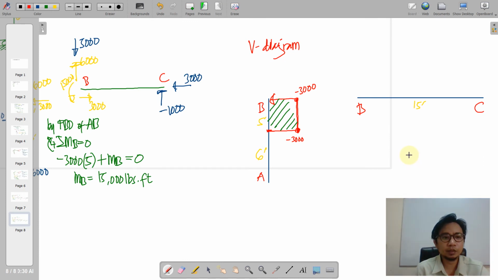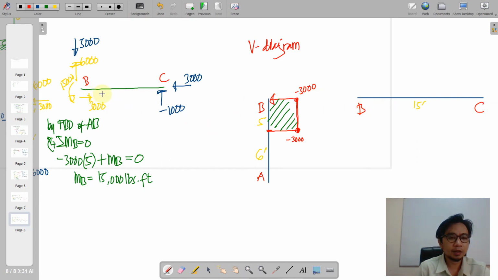Starting with your vertical, again 3,000, the horizontal 3,000 will have an actual effect on this BC. So it has no shear effect. So only the vertical will have the shear effect on the horizontal beam BC.